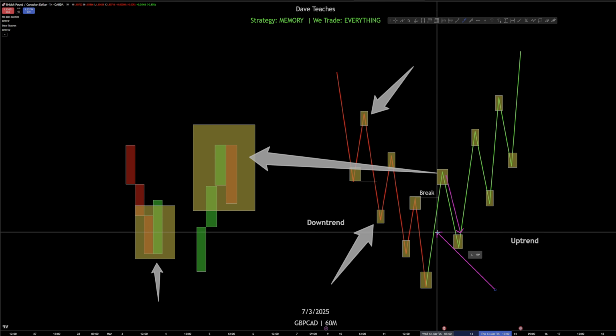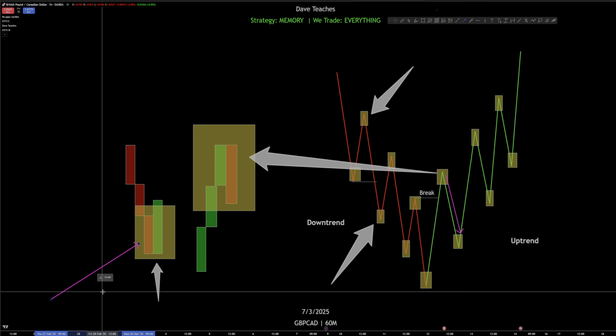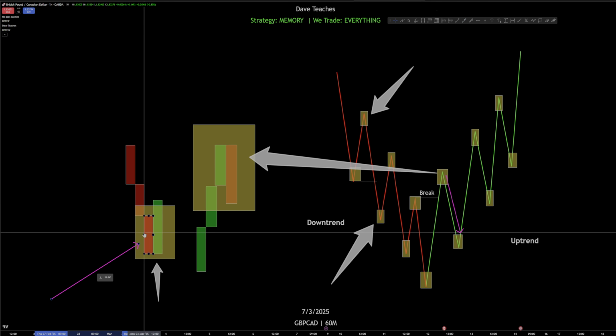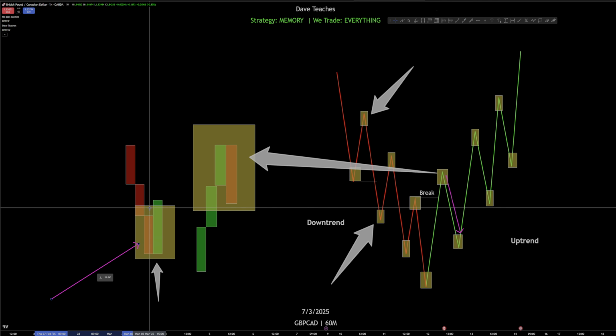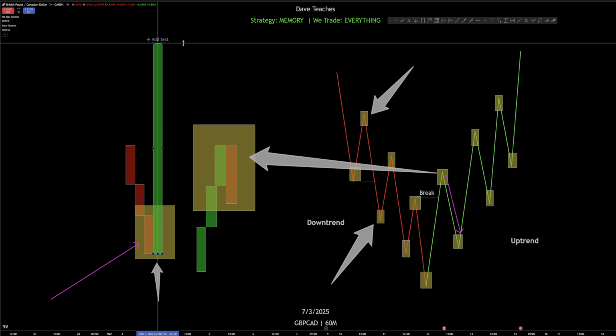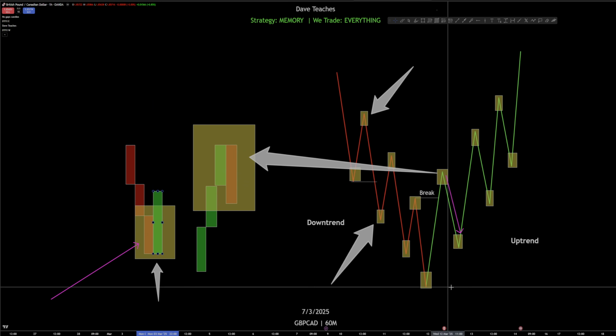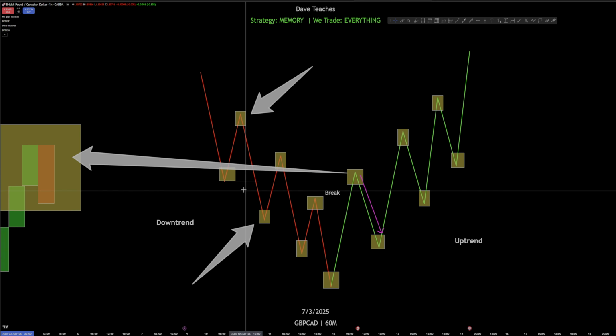But not only is it inside of the zone, what we need to see is this happen right here. We need to see that closure up above that previous candle to let us know that now it's ready to trade higher. So this is going to happen in almost all of the zones that you see.